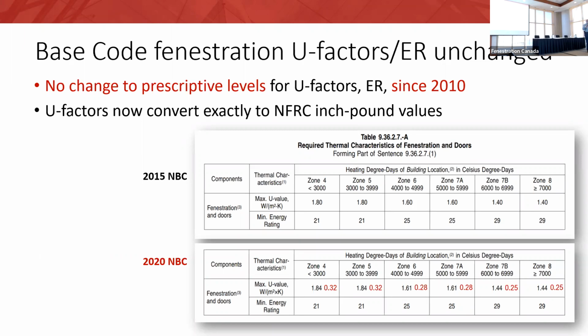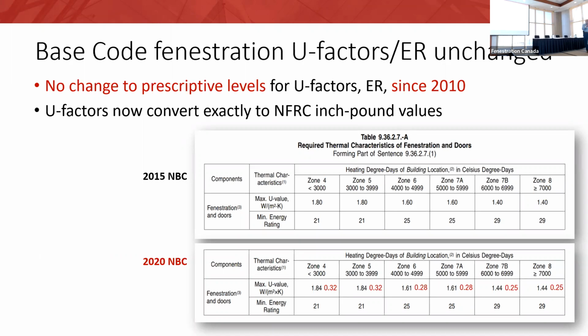A window that hits 0.32 gives you 1.84, but if you simulated that window in Canada with A440.4, you might have come up with a U-factor of 1.80 or 1.79 or something like that.